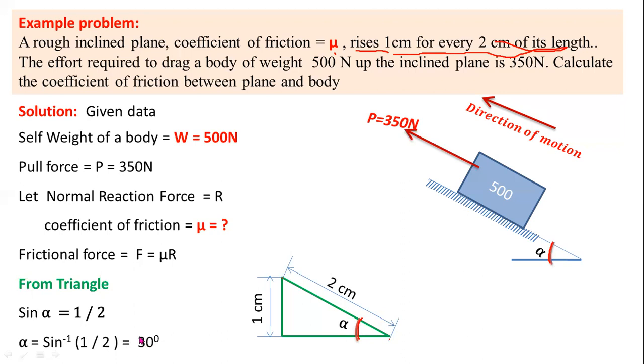So the angle of inclination of the inclined plane is 30 degrees with respect to the horizontal. The height of the triangle is given as 1 centimeter and 2 centimeters is the hypotenuse. From the given question, first you have to determine the angle of inclination. So alpha is the angle of inclination of the plane.